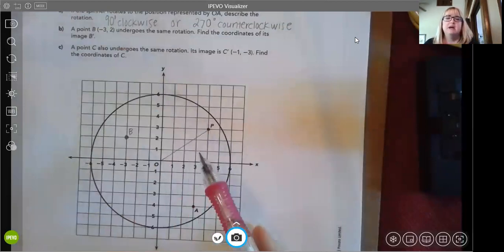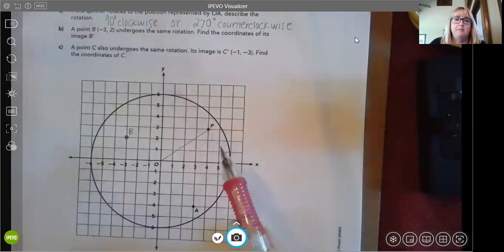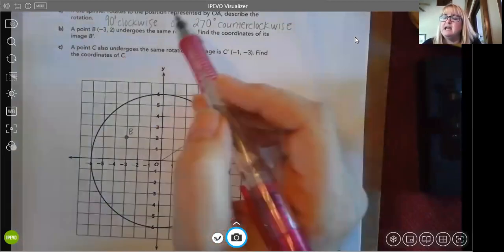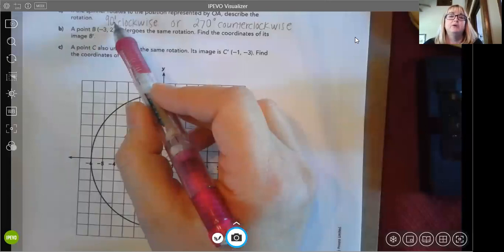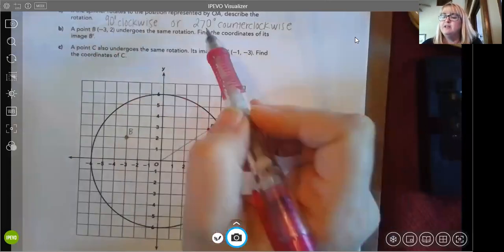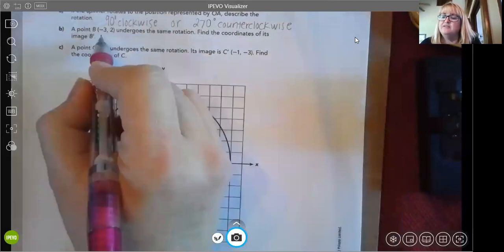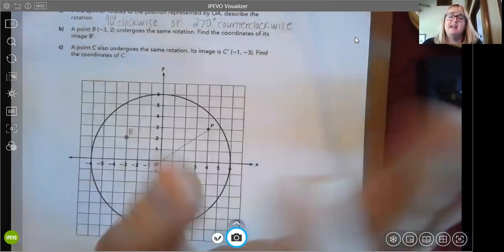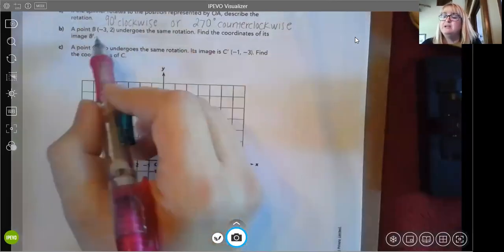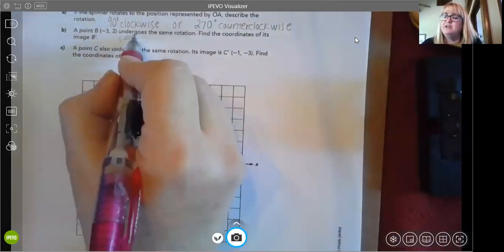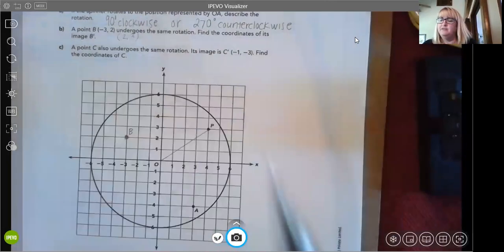Okay, so do you remember the rule of thumb? What happens to the X and Y when it is a 90-degree movement or a 270? Well, they switch spots. So instead of (-3, 2), and don't worry about the negatives right now, instead of 3 and 2, now it's going to be 2 and 3. But I'm not sure which is negative, which is positive.